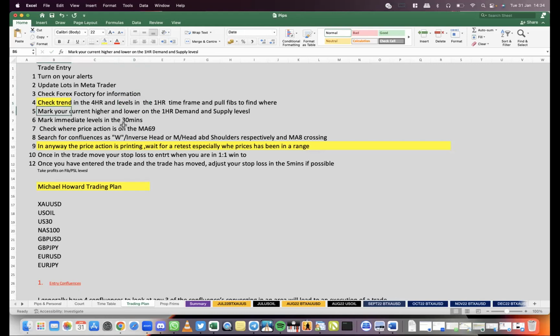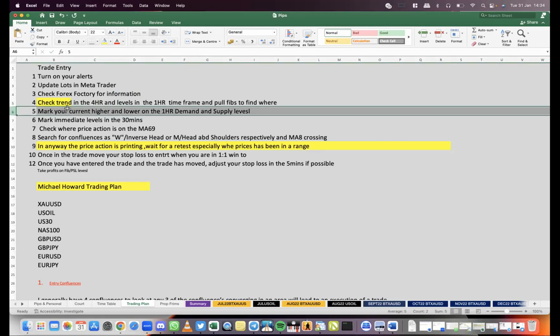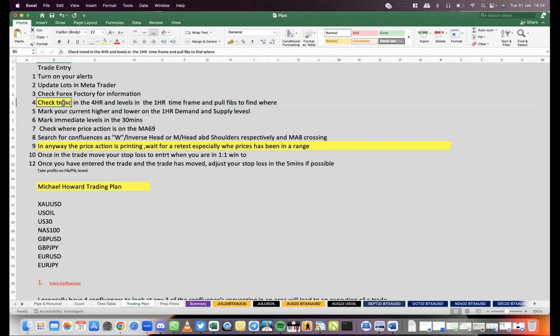And then mark current high and lows. Current high, low supply. This one, we are doing it in the 1 hour now, in the 4 hour. Check trend in this thing, and mark levels. The 4 hour: mark current high and lows.